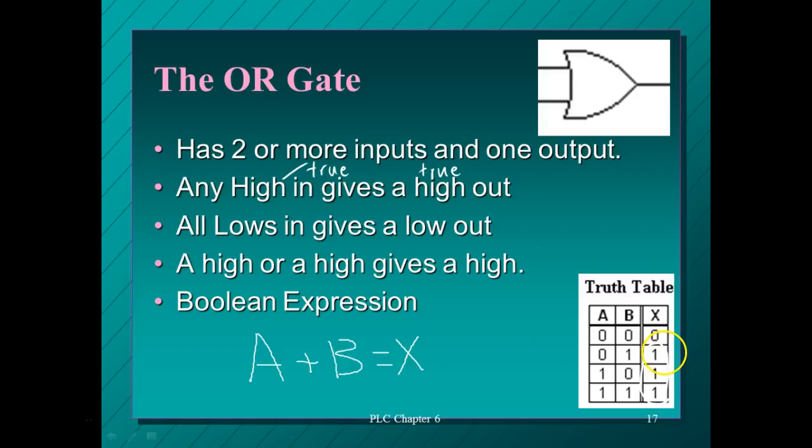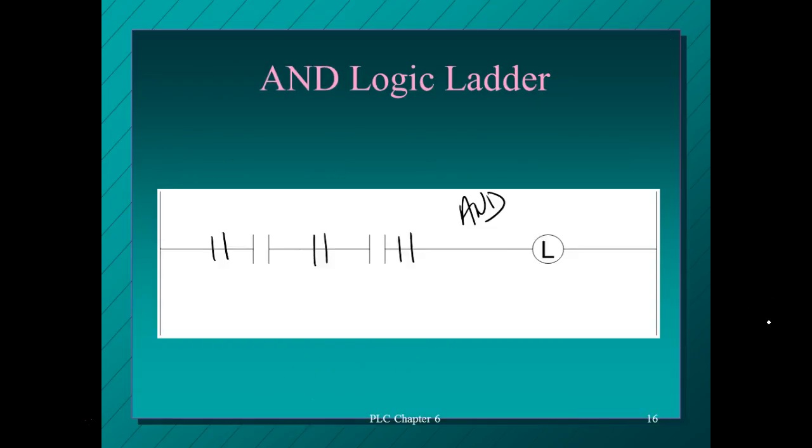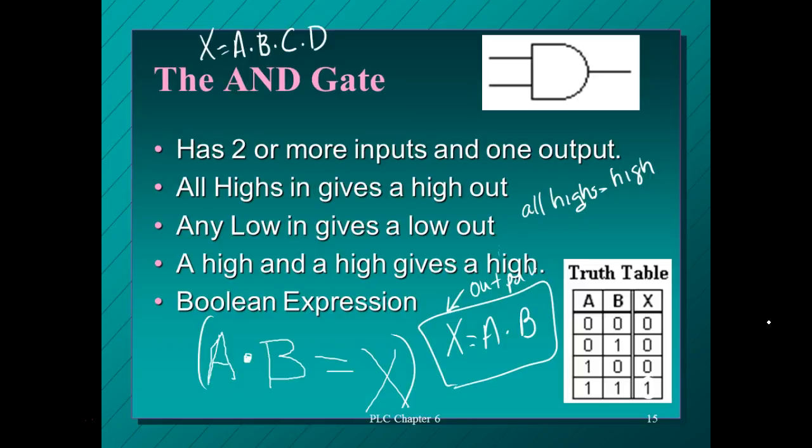Okay, so what does the output do? Go high, or go true. Is this any true? Yeah, so we get a true. Is this any true? Yeah, people will say, no, that's all truths. No, when we're talking about any and all, all is unique. Any is not. So I see something unique here. What do I see that's unique over there on that output? I only see one true.